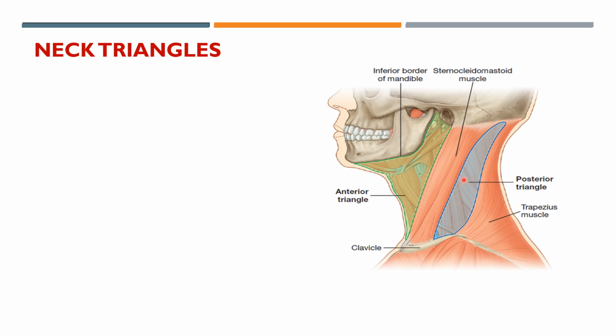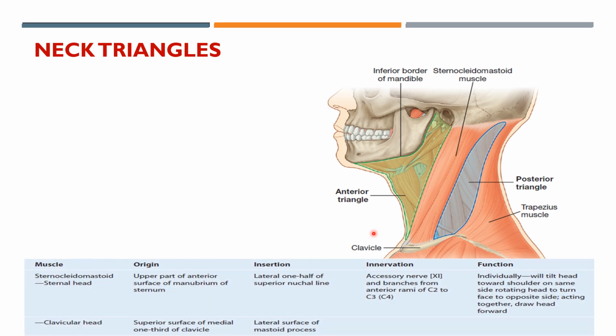In the back here, this is the posterior neck triangle, and it is bounded between the sternocleidomastoid muscle, the middle third of the clavicle, and the trapezius muscle in the back. So this triangle is bounded by these two muscles and the clavicle bone.